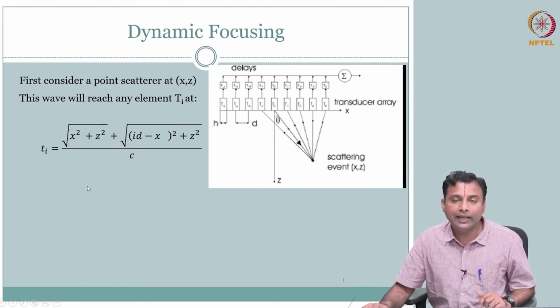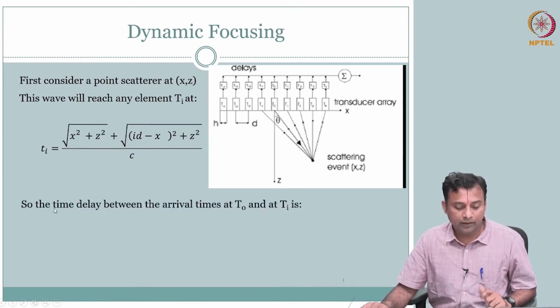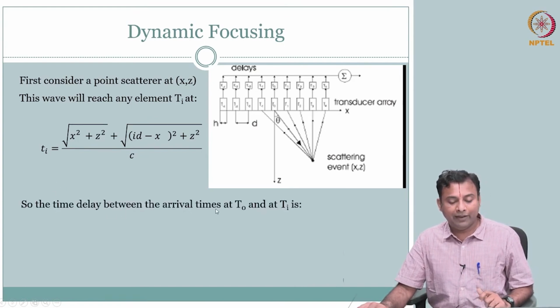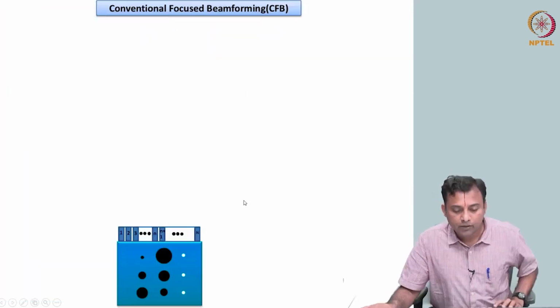So, you have your Ti, then what is of interest? Time delay is of interest, right. So, I can compute the time delay between the arrivals at T0 and at Ti, any location.